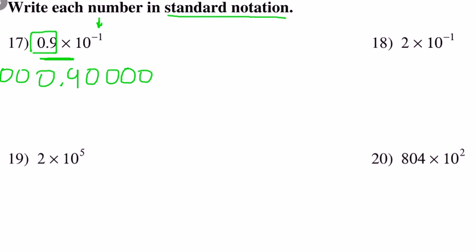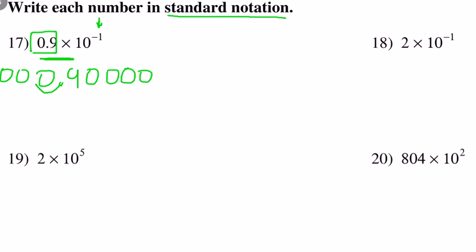So remember, right now I'm at 0.9. What do we want to do? Well, we have 0.9 times 10 to the negative first power. If something is to the negative power, which way do I move my decimal? You are thinking, well, it's got to go to the left or it's got to go to the right. Which one is it?